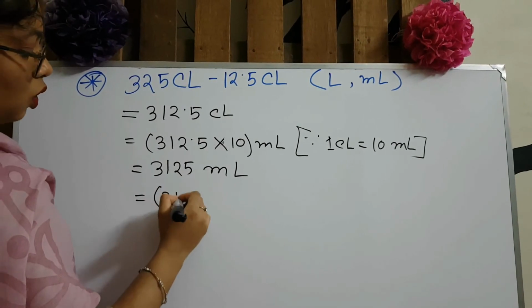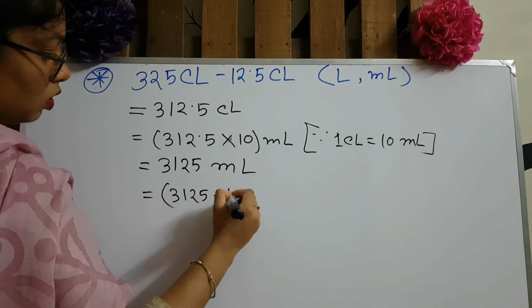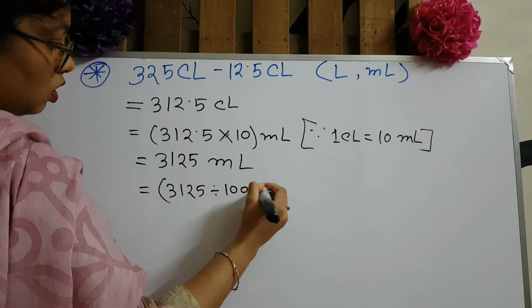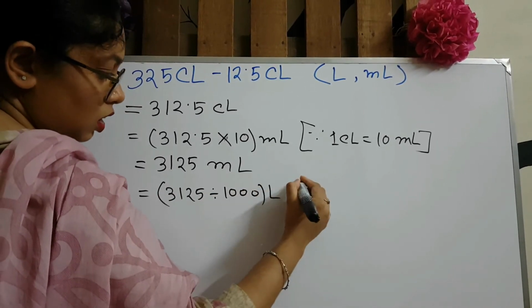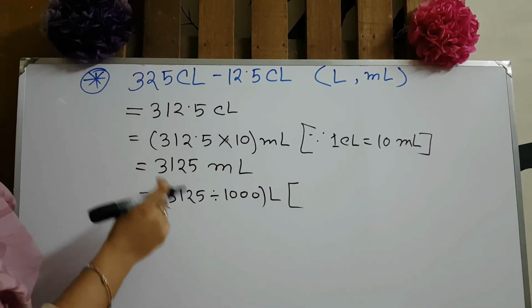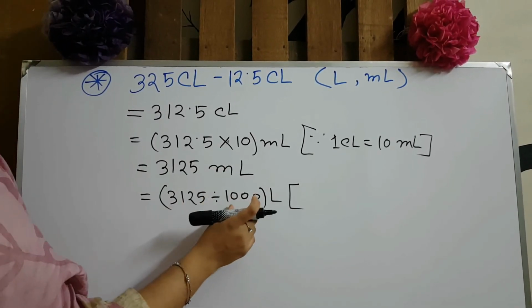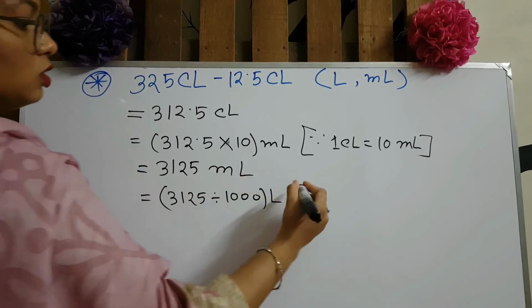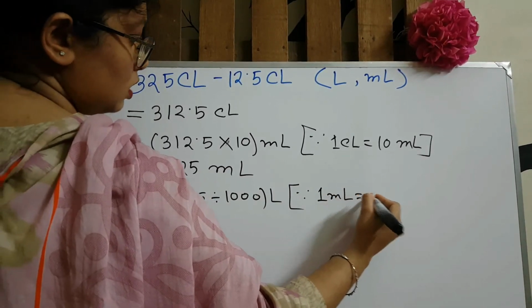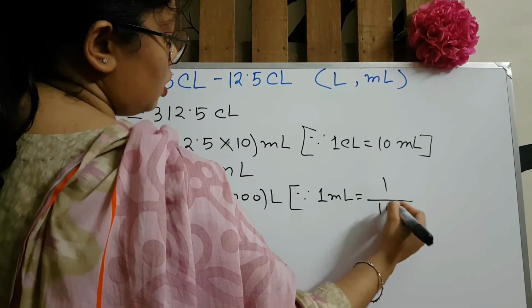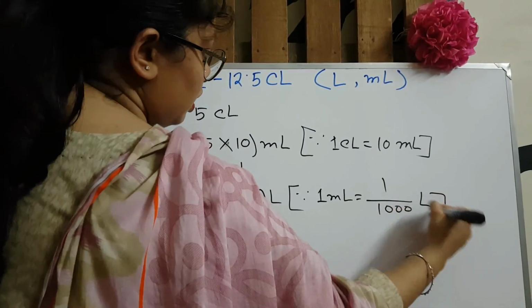So 3125 by 1000 liter. Here we divide by 1000 because we know that 1 milliliter is equal to 1 by 1000 liter.